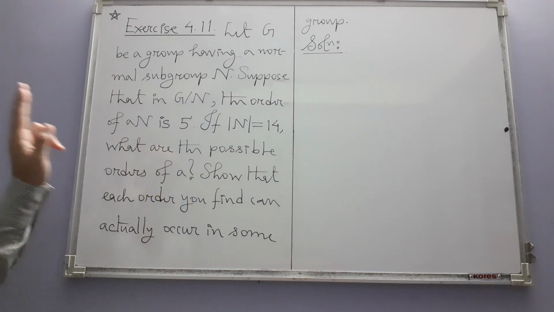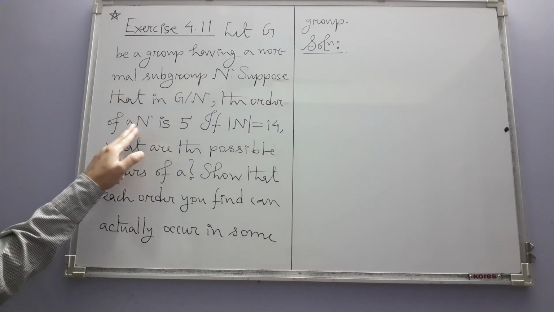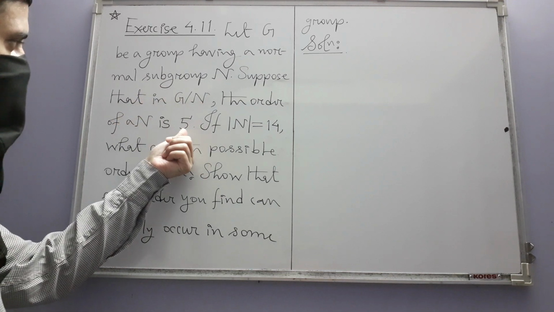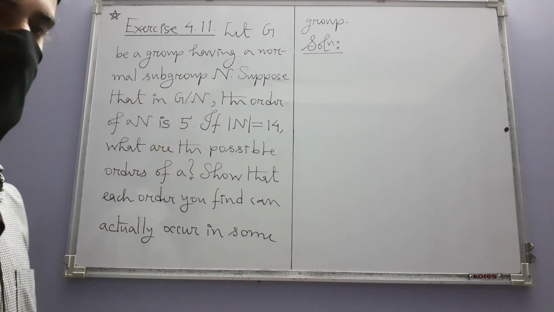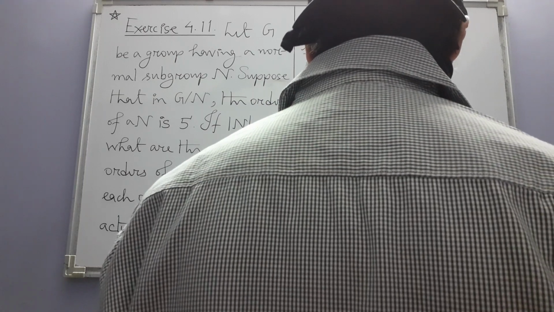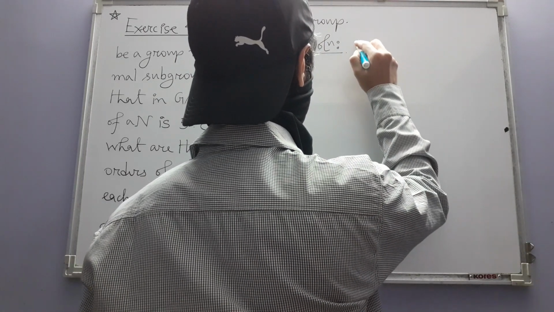The fact that the order of An, this coset, in the factor group G is 5 immediately tells us something. This conclusion follows from theorem 4.7.